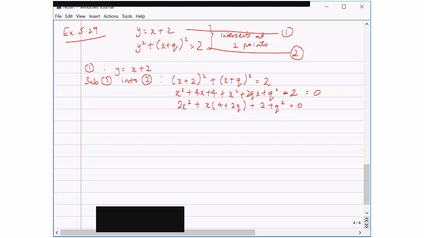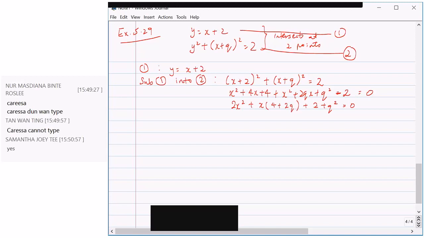Samantha, you alright? Okay, Matthew, remember I say this graph and this graph must intersect at 2 distinct points, and I've combined the equations together. What should the resulting discriminant of this equation be, so that the two graphs intersect at 2 distinct points?